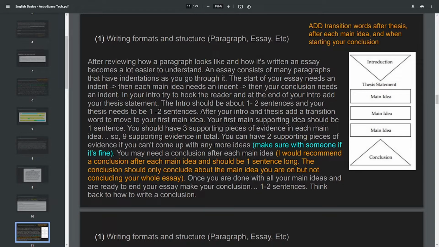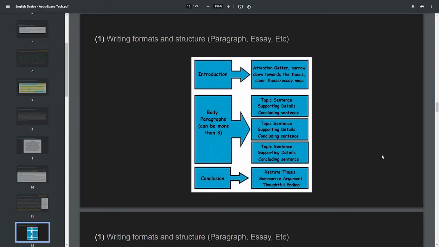Once you are done with all your main ideas and are ready to end your essay, make your conclusion 1 to 2 sentences. Think back to how to write your conclusion. So the basic structure from all that information is that you would have an introduction and then your thesis statement.